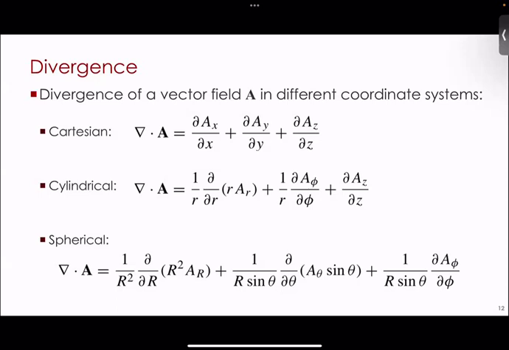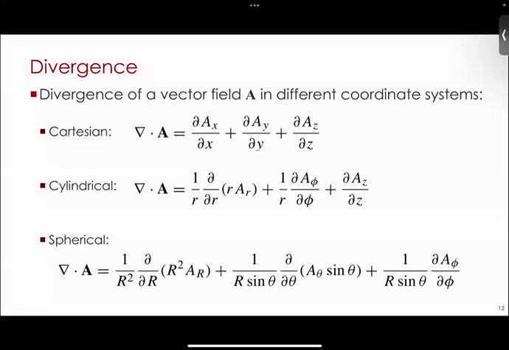And I recommend you break these down into smaller steps rather than try to do this all at once. So if you were given the vector A in spherical coordinates, the first thing I would do is write down A R equals blah, blah, blah. A theta equals blah, blah, blah. A phi equals blah, blah, blah. If I was trying to evaluate this part of it, I would ask, what's the next thing I have to do?